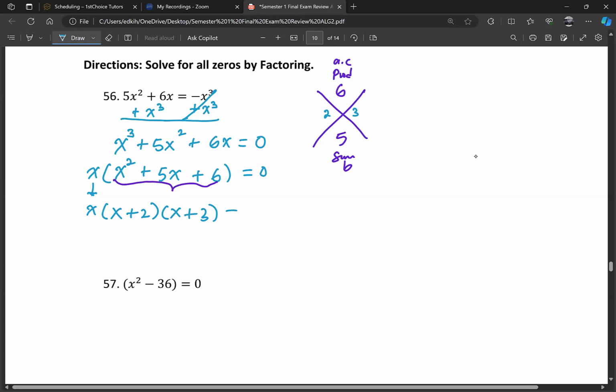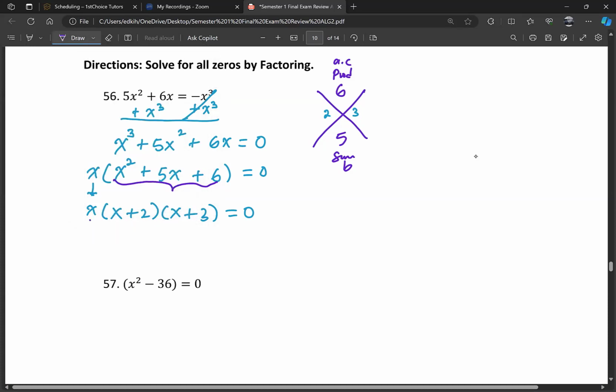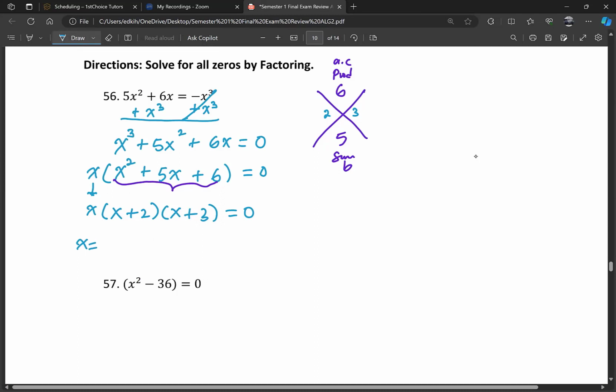However, remember, we were being asked to solve. So we have to then take the extra step, set each of your factors equal to 0. This one has 3 factors. This factor, and that factor. And each of these we'll have to set equal to 0. So the first one is pretty simple, x equals 0. Second one, x plus 2 equals 0. Third one, x plus 3 equals 0.